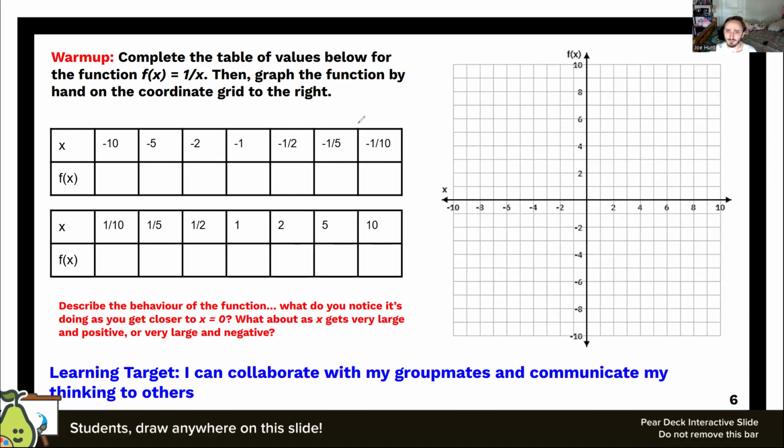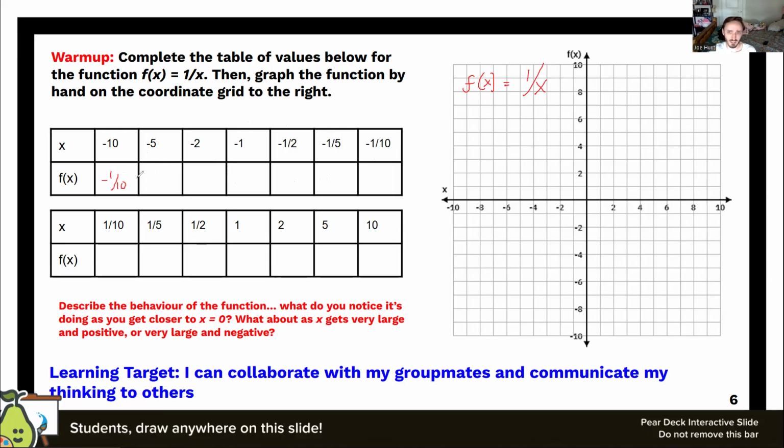So our function, f of x, is going to be this guy, 1 divided by x. And what you'll notice here is that in this table of values, we have a bunch of values for x given to us, and we're doing 1 divided by that to get an output that we're going to use on the graph. We've got a bunch of values to test, like 1 divided by -10, which is -1/10 or -0.10.